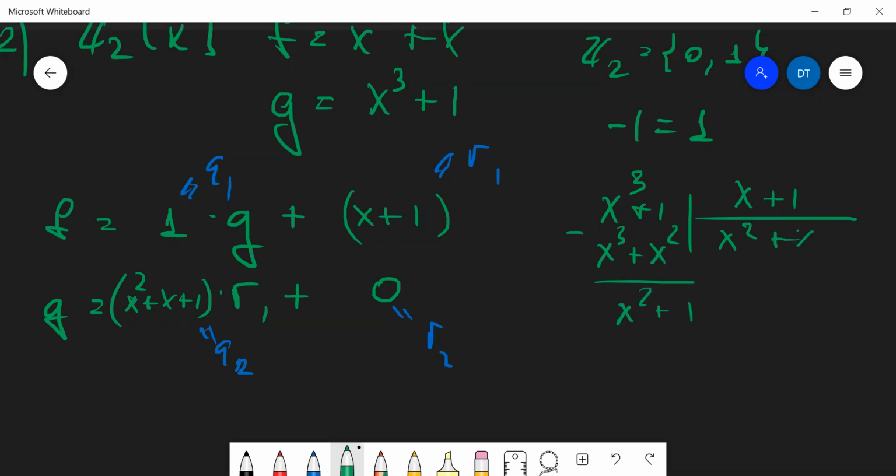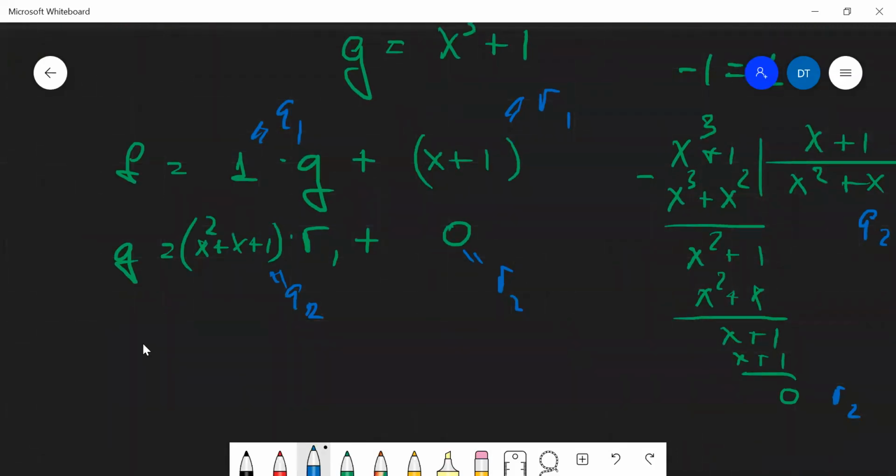Then you multiply it by x, and you will get x squared plus x, and you subtract, and you will get x plus 1, and then you multiply by 1, x plus 1, and the result is 0. So this is your Q2, and this is your R2. So as you can see, in this case, the GCD is x plus 1, and it's presented in the form f minus g, and that's it. So your u is 1, your v is minus 1, and we're done.